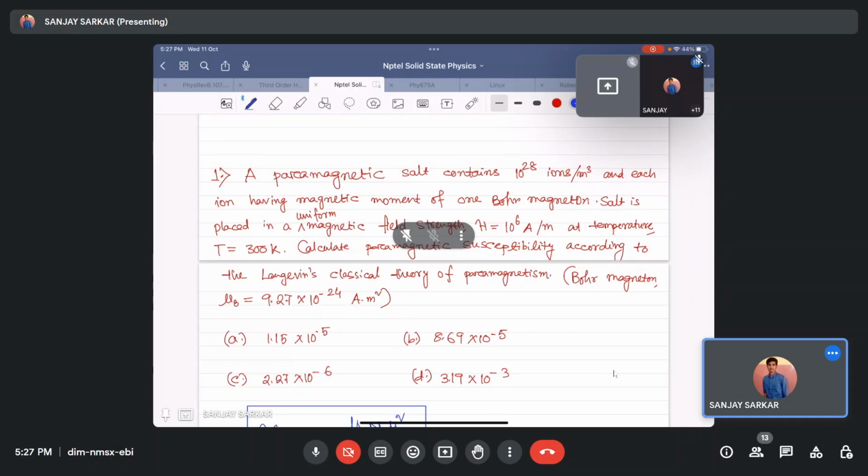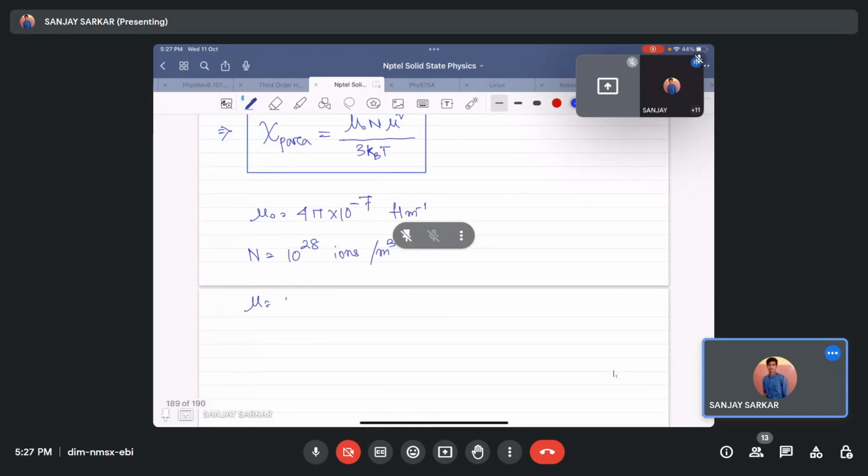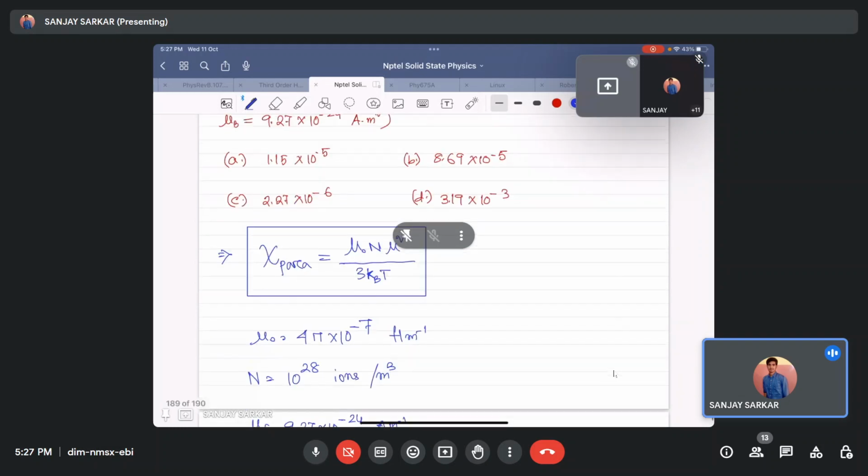Calculate paramagnetic susceptibility according to the Langevin's classical theory of magnetism. Each ion has a magnetic moment of 1 Bohr magneton. So each atom, 1 Bohr magneton is 9.27 into 10 to the power minus 24 ampere meter square.